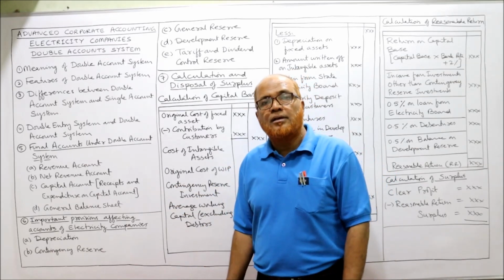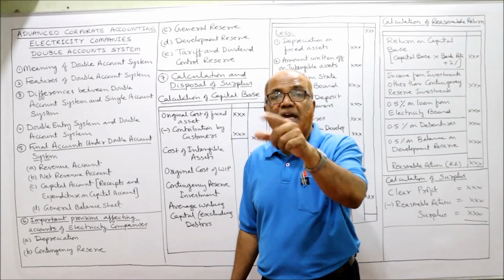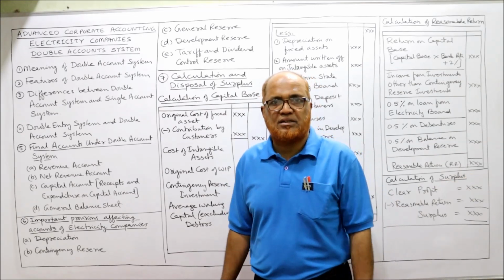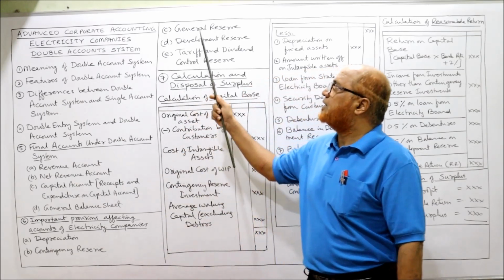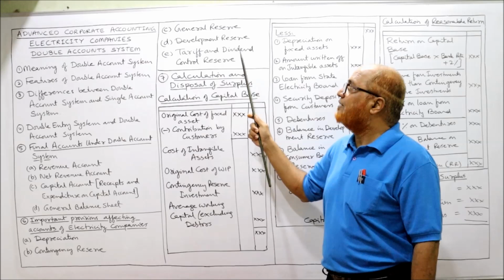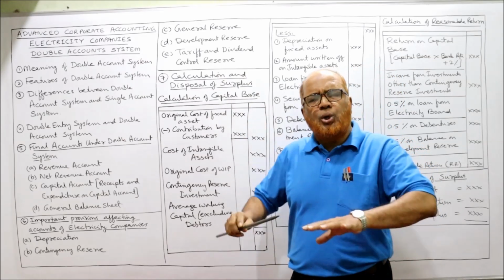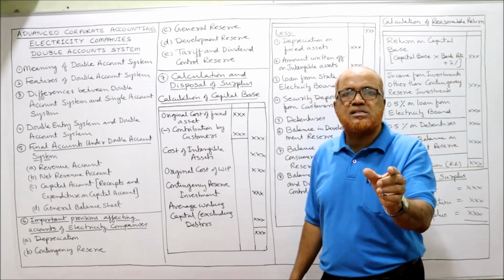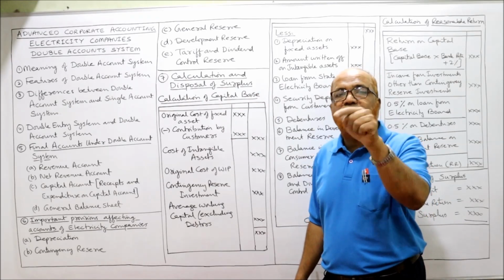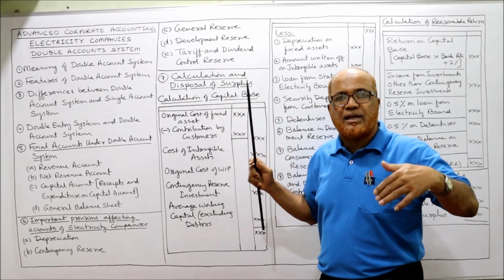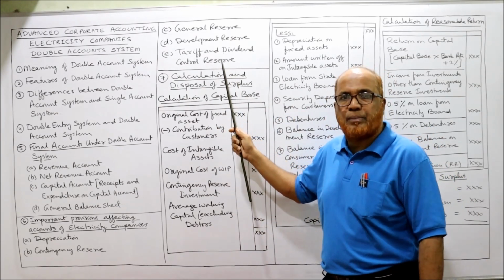And the contingency reserve amount should be invested in securities specified by the government. Then, apart from that, there are the general reserve, development rebate, development reserve, and tariff and dividend control reserve. Different types of reserves are there, with rules on how and how much to maintain them, and where to apply them. While doing the problem, I'll explain all these reserves separately.